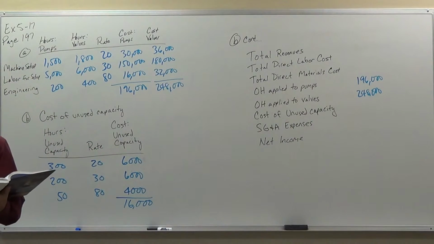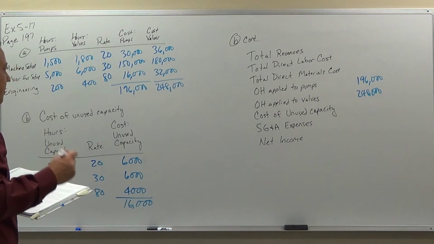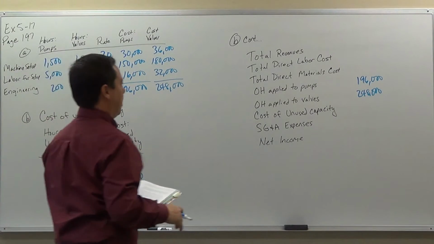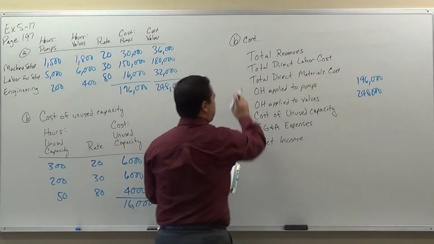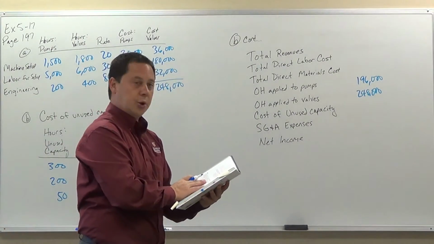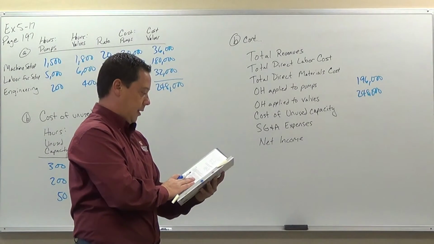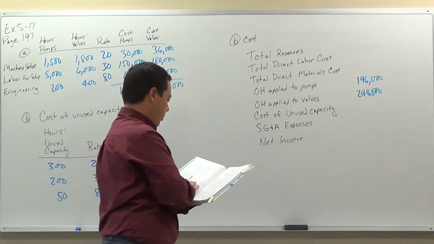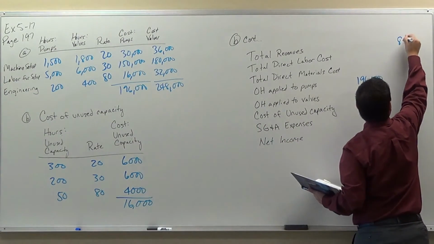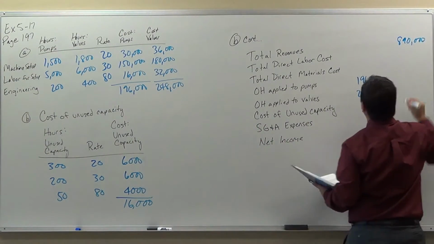All right, so now I'm going to take some of that information and move it over, I'll do that in just a moment, but I want to give you all the revenues and the costs first. Let's take a look at that. So if you move below that table, you'll see that it gives us some additional revenues and labor costs and materials costs. So my total revenues is 890,000 here.